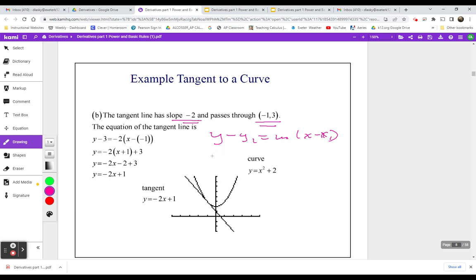And so we're going to do y minus 3 equals our slope -2 times x minus a -1. And then when we clean that up, there's my tangent line. Okay? Kind of see how that works. So we're going to use the idea of finding the slope to the tangent line. We're going to need to find this. And then we're going to write the equation for what it passes through. All right?